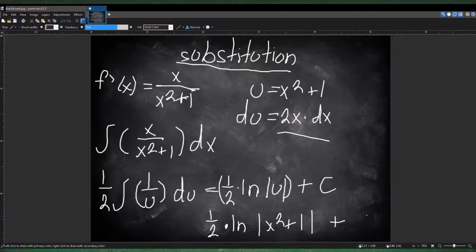I put these brackets here so we know you're not adding c to the absolute value of x squared plus 1, but to 1/2 times ln of absolute value x squared plus 1, because you're adding to the y, not to the x. If you don't want to do it, you don't have to, but it's a good way so people don't get confused. So this is the substitution method.